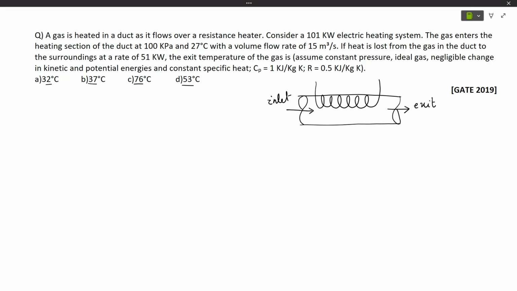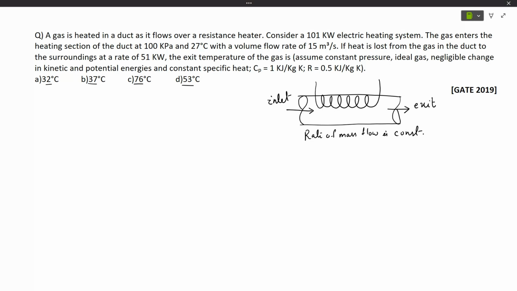See, the mass which is entering from this side, the same mass leaves the duct from this side. So here we can say that the rate of mass flow is constant.